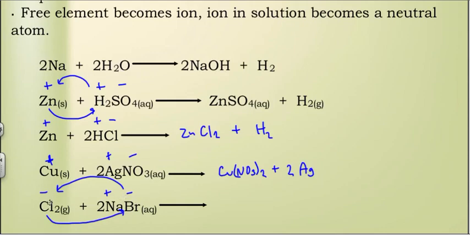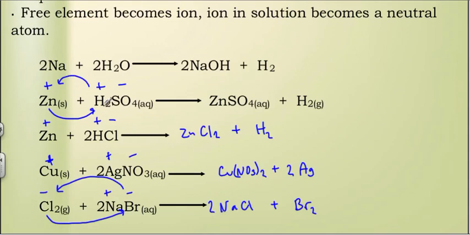In this example, the chlorine is negative, so it's going to switch with the back element, which is our anion. So what I'm going to get is NaCl plus bromine. Bromine's a diatomic element, so Br2. And to balance this, if I put a 2 right there, we should be balanced.